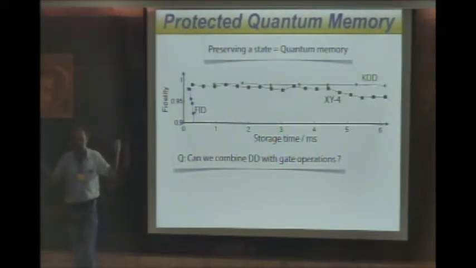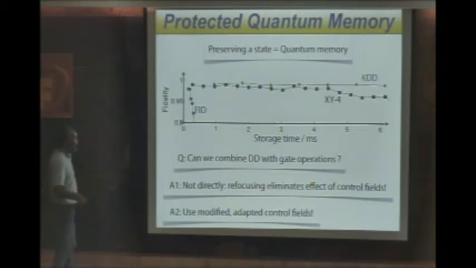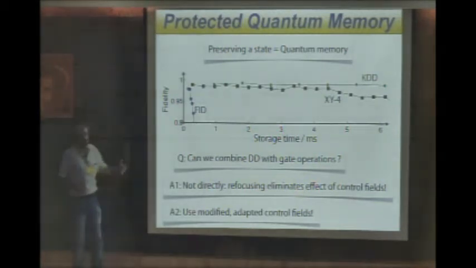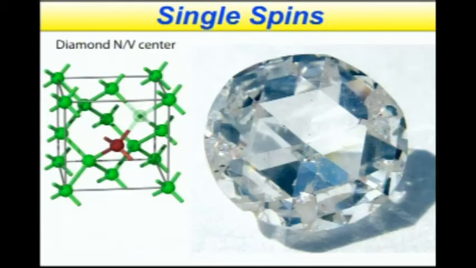And the qubits don't know what type of environment you want to preserve and what you want to eliminate. So if you just try to apply dynamical decoupling during quantum information processing, you will stop the processing. And so you have to adjust the control fields in such a way, and I'm not going into detail, that this destructive interference is eliminated.